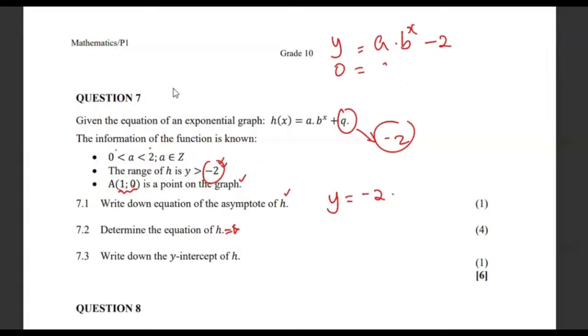Because that's going to be ab minus 2, meaning that ab is 2 itself. Do we have any other point that we have? They're telling us that a should be between 0 and 2. What does that mean? Or how do we even go about something of that nature?